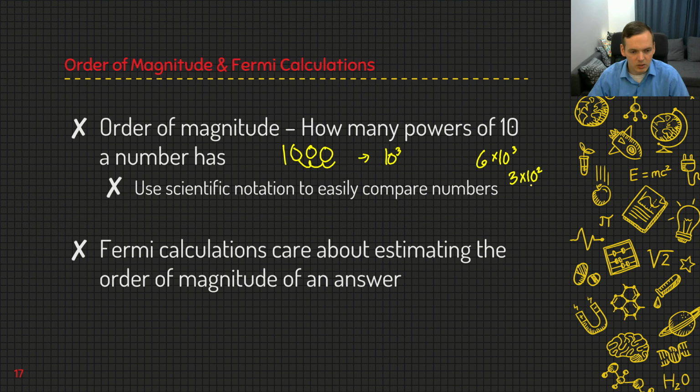The second thing to look at is Fermi calculations, and these are useful to estimate the order of magnitude of an answer. What you're doing with Fermi calculations is making some basic assumptions and trying to get roughly how big of a number you should expect at the end.